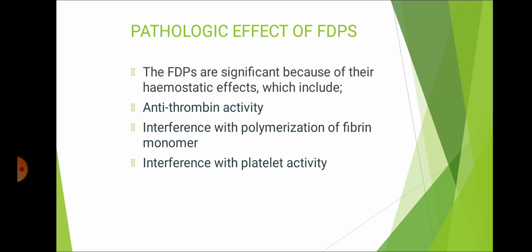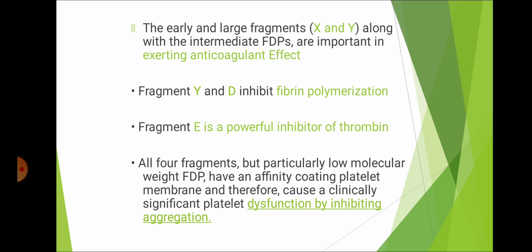Now coming to pathological effects of fibrin degradation products. Fibrin degradation products are significant because of their hemostatic effects, which include antithrombin activity, interference with polymerization of fibrin monomer, and interference with platelet activity. The early and the large fragments X and Y, along with intermediate fibrin degradation products, are important in exerting anticoagulation effect.